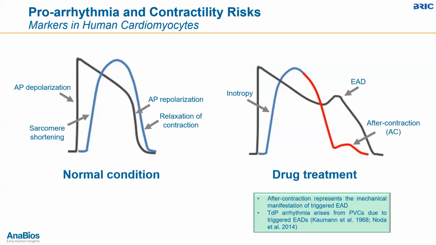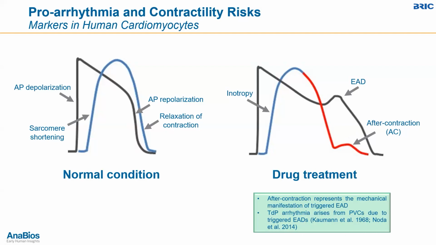As you can see on the contractility transient here, the blue part is the sarcomere shortening. We will use this part of the signal to derive the inotropic effect of drugs, but we will also be looking at the relaxation phase of the contractility, where we will record the after-contraction events as proarrhythmia markers, and the relationship between early afterdepolarization and after-contraction is well established.